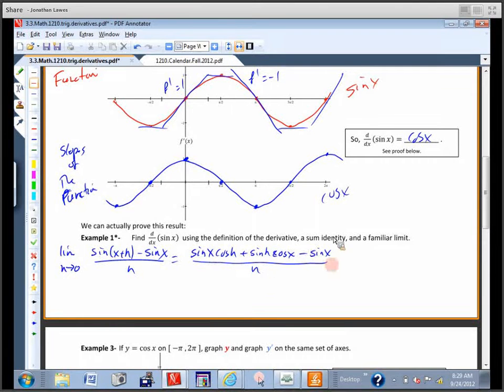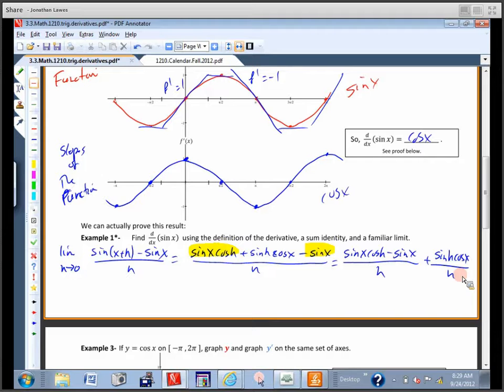Okay, so what he's saying is we're going to collect this term, and we're going to put those together for the time being. So that's what we'll do. So we're going to write this as the sine of x, the cosine of h, minus the sine of x. Okay, I'm going to put that all over h, and then I'm going to do plus the sine of h, cosine of x over h.